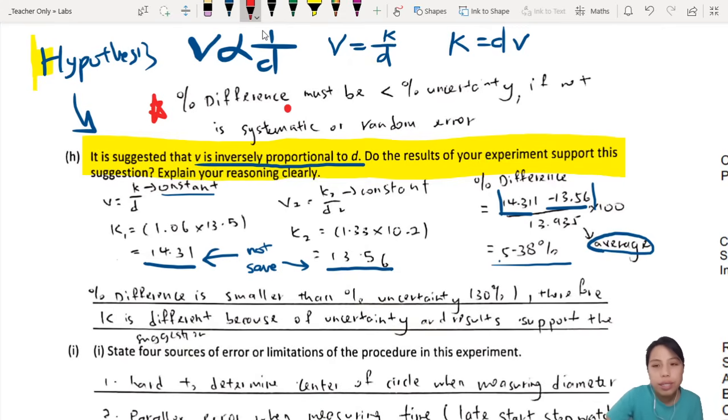The conclusion is, the percentage difference is smaller than the uncertainty of 30%. So this student estimated the experimental uncertainty as 30%. Therefore, K is different because of uncertainty. Okay. So yeah, there's a difference, but that's okay. It's taken into account. Uncertainty is taken into account already. And the results support the suggestion. Okay, I can accept that.